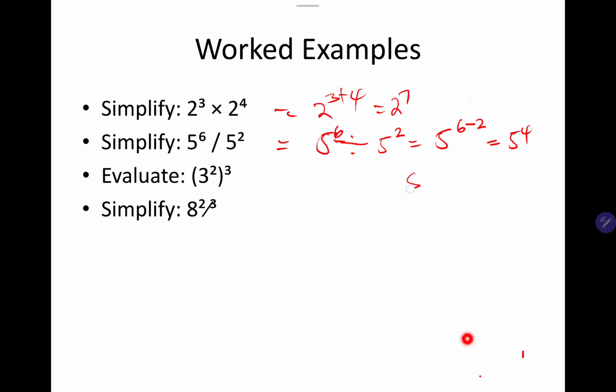And 5 raised to power 4 is the same thing as 5 times 5 times 5 times 5. 1, 2, 3, 4. Okay? And if you do that, that should be giving you 125 times 5.